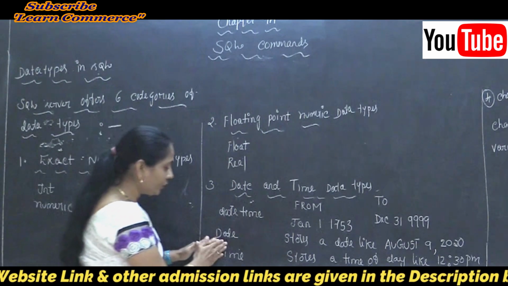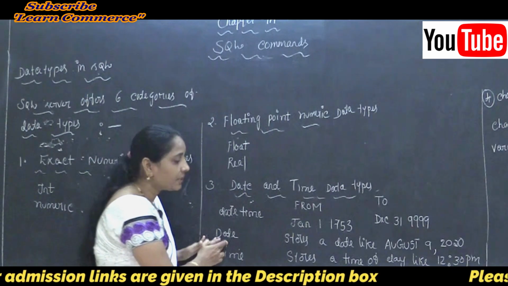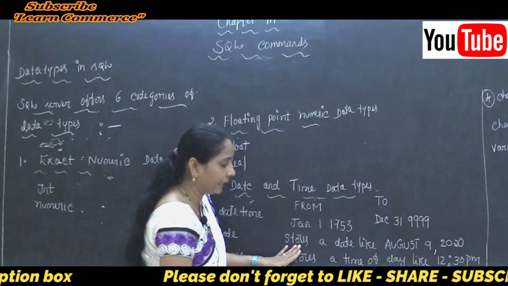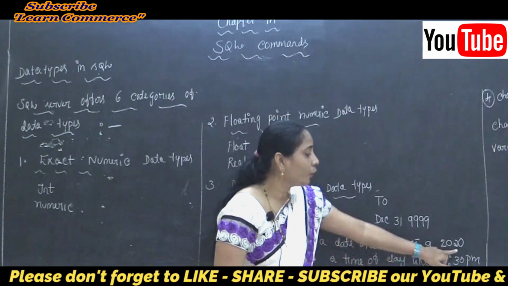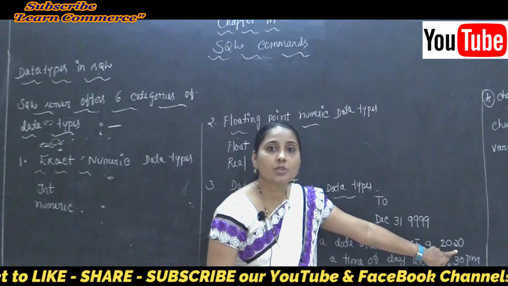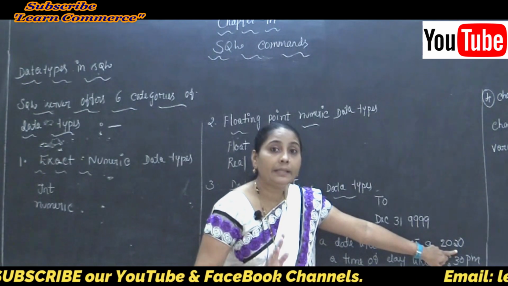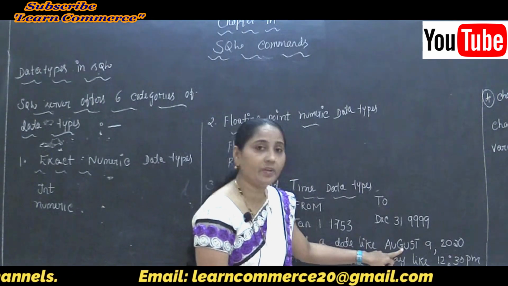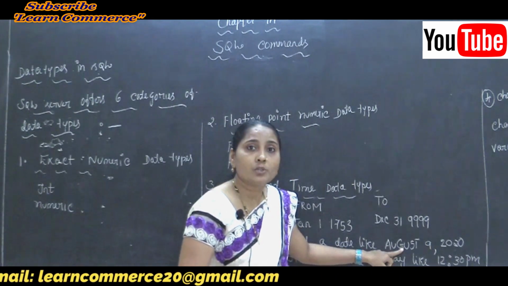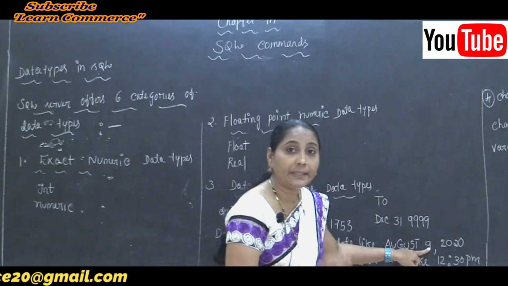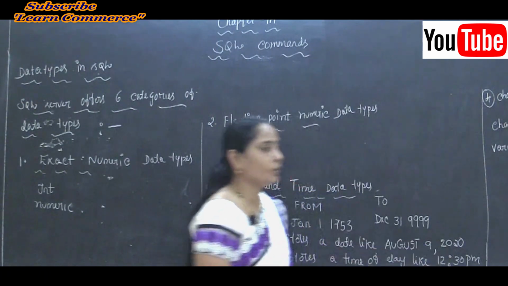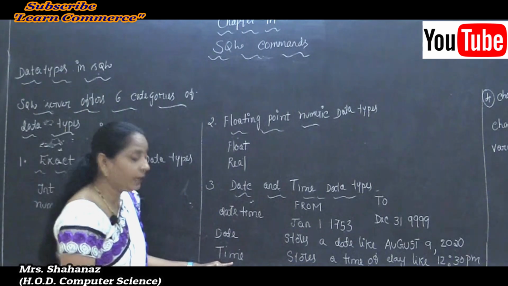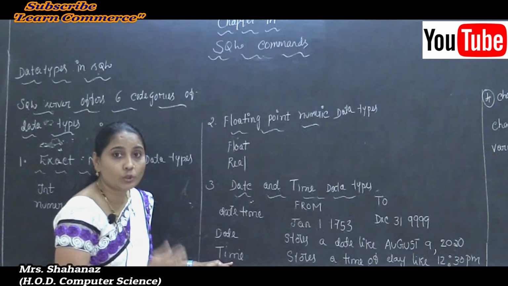And how are we going to enter the date in our database? Entering the date is possible by storing a date like August 9, 2020. Clear this point? First of all, we write the month, August, then the day, 9, and next the year, 2020. After that, how are we going to enter the time?